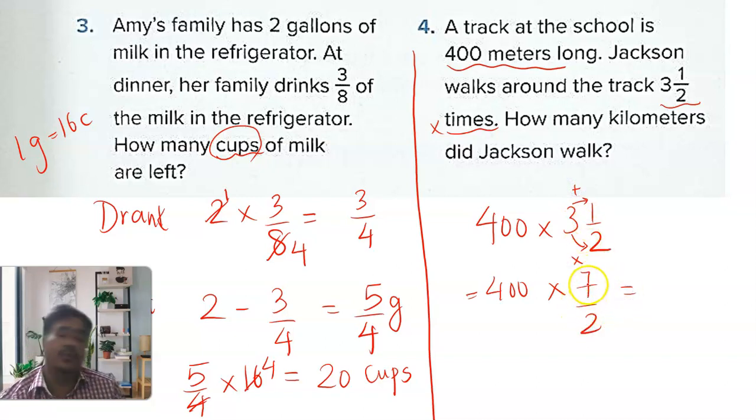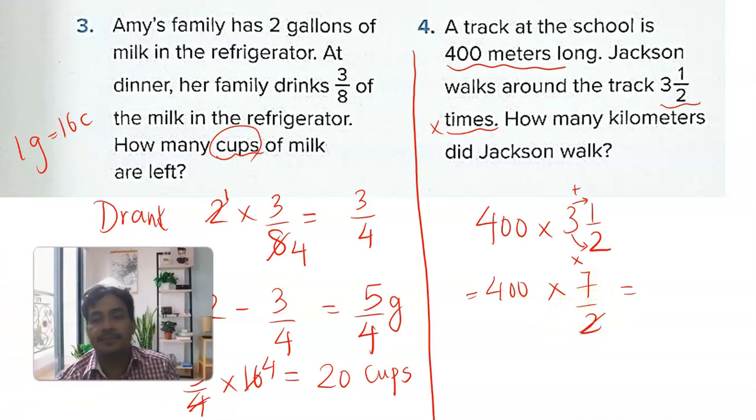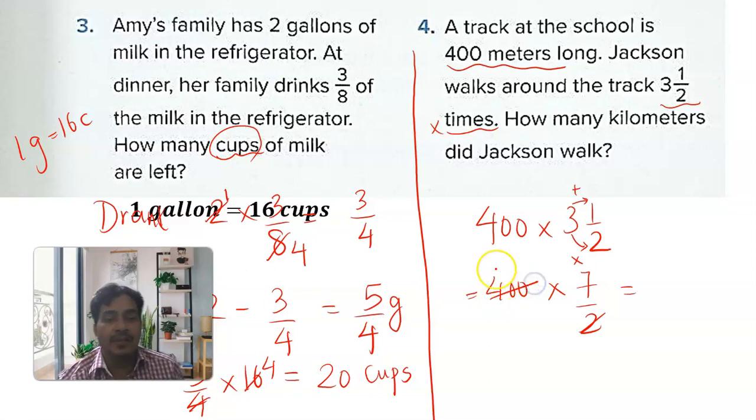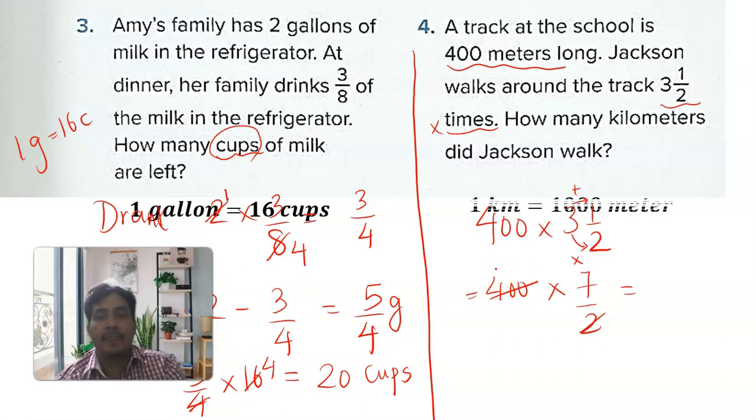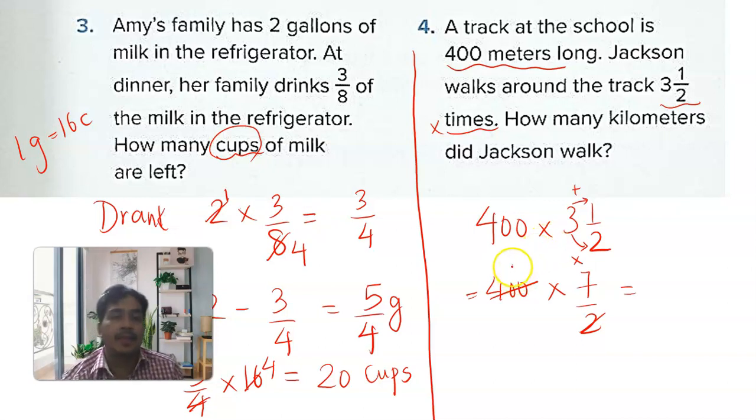So 6 and 7, 7 over 2. If you see this one, it's gonna be... Oh, sorry. So 400 divided by 2 is 200, and 200 times 7 is 1400. 1400 meters.